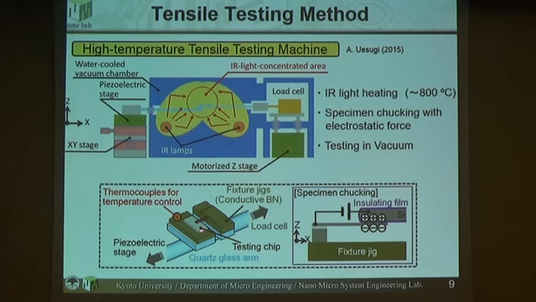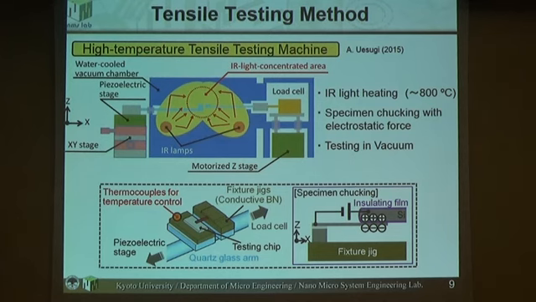We put the specimen and the chuck in the heated area, and a piezoelectric stage applies the tensile force, with the load cell far away from this area, connected by a quartz rod.